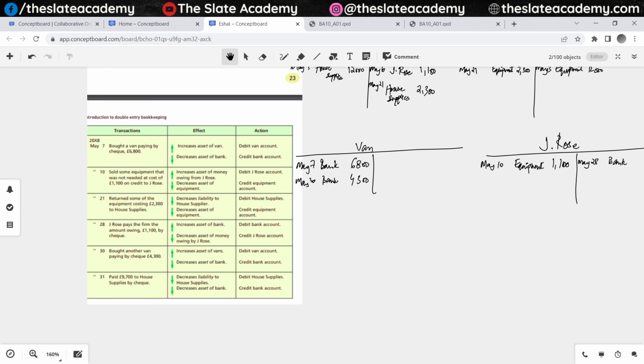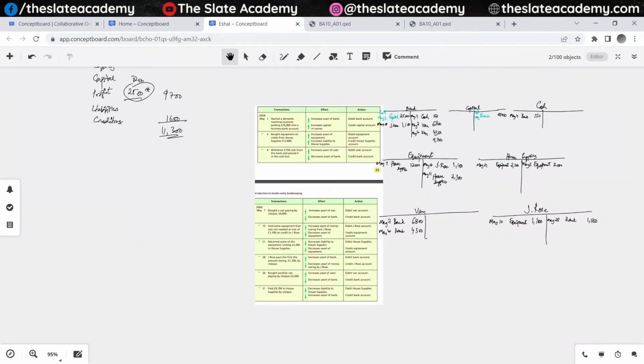The liability is also decreasing, and the decrease in liability is recorded as a debit entry. So the liability, 9700. For liability house supplies we would mention bank and May 31.